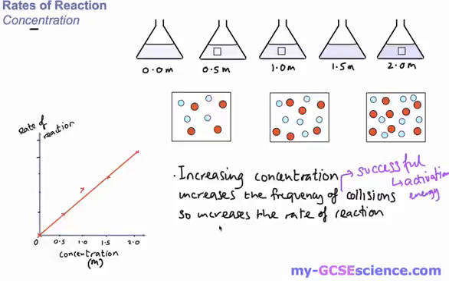Okay, so the next line after that is then we have increase in the frequency of collisions, and that increases the rate of reaction. Now remember, increasing concentration means increasing the number of particles in a given volume of solution. So as you increase those, particles become more packed in, more close together, so you increase the frequency or the chance of a successful collision happening.